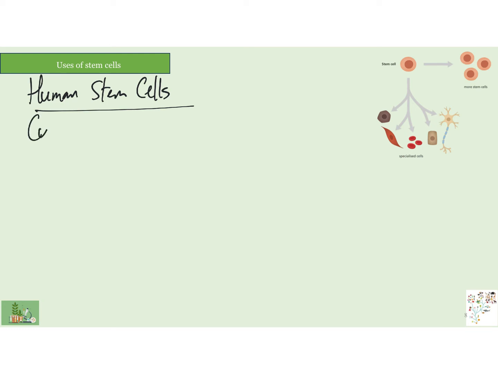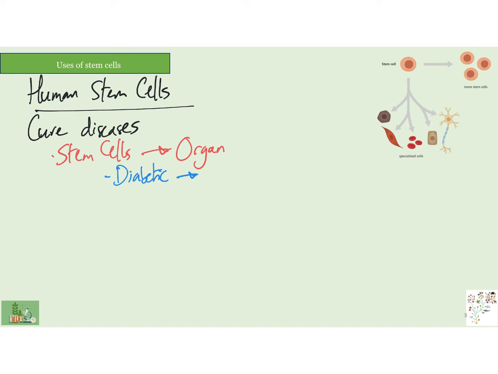So they can cure diseases. And I'm just going to talk about a few specific examples that you need to be aware of. So one, say for instance somebody needed an organ replacement. What you can do is you could use stem cells to create an organ. So imagine somebody was a diabetic and their pancreas did not work.